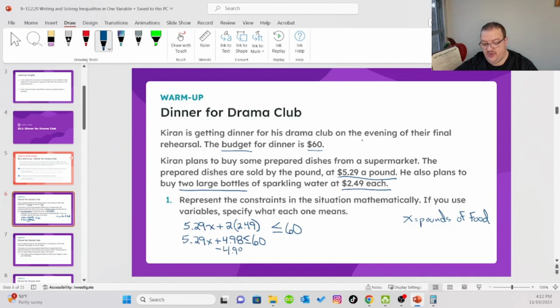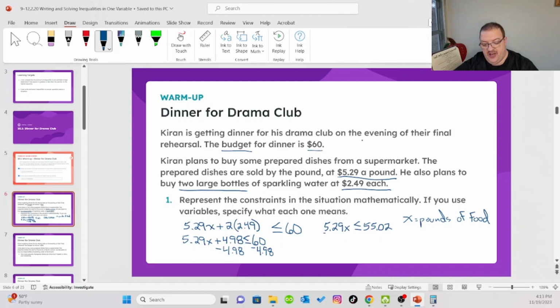So minus $4.98 from the left and minus $4.98 from the right. And this is going to give us $5.29 per pound of food must be less than or equal to $55.02.